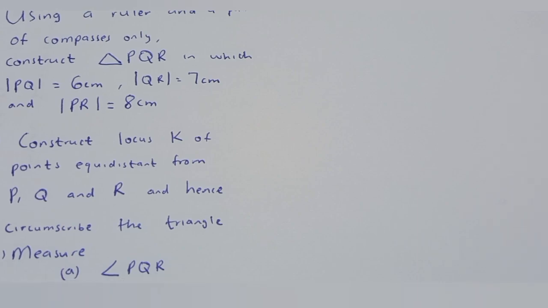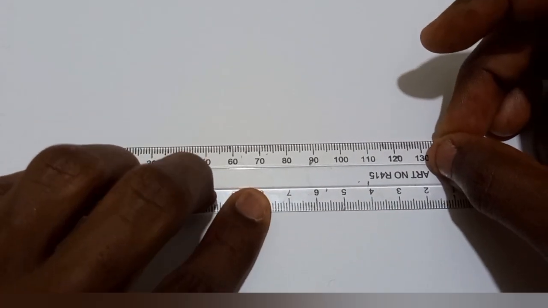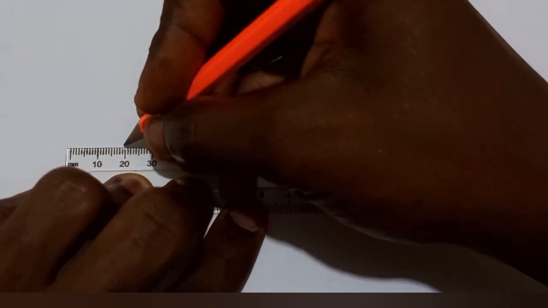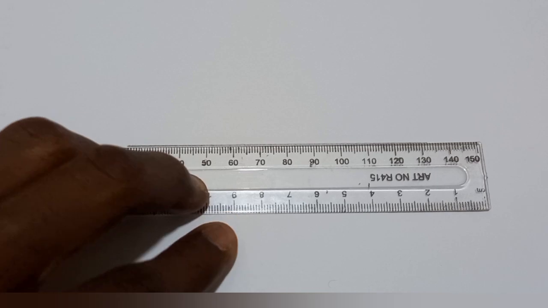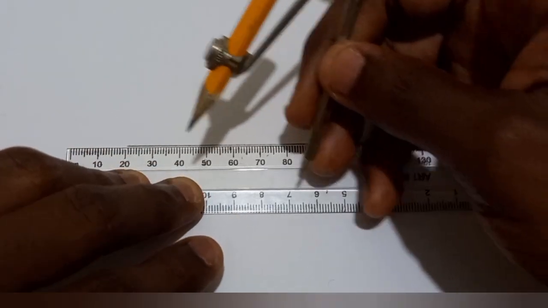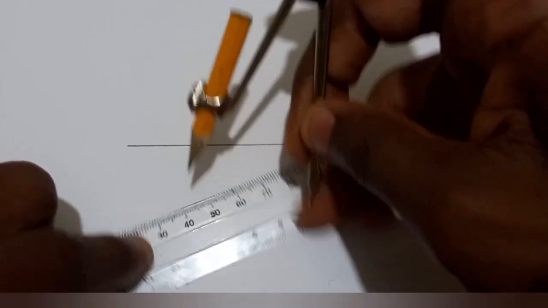So in solving for this, we first construct a line. We are told to construct PQ being 6 centimeters.